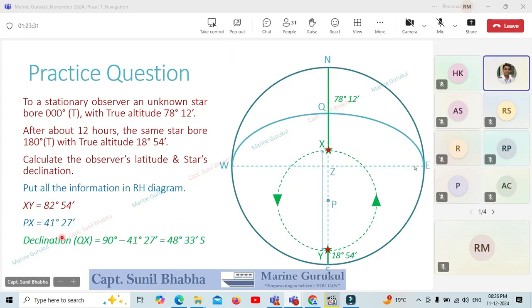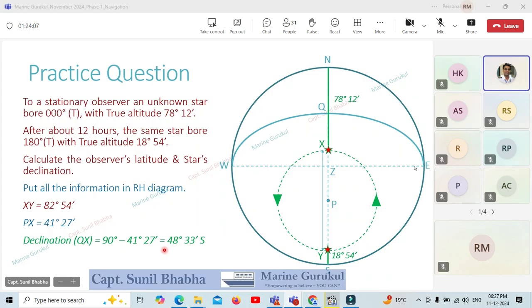From this, we can now find out the declination of the star, which is basically how far away from the equinoctial this star is, that is Q to X. And this declination is equal to 90 minus polar distance. You can see P to Q is 90. P to X is 41 27, that is the polar distance. So Q to X will be 90 minus 41 27, that is 48 degrees 33 minutes.